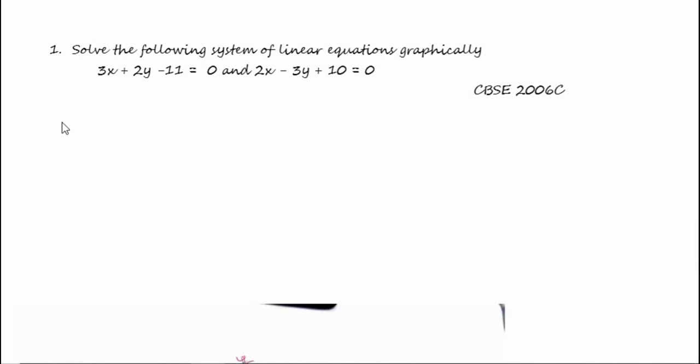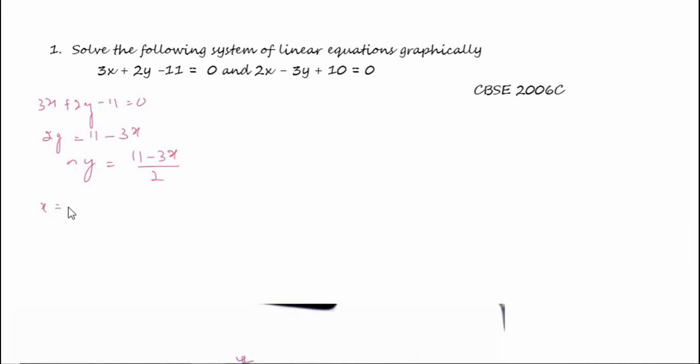Now, this is 3x plus 2y minus 11 equal to 0. This can be represented as 2y equal to 11 minus 3x, or y equal to (11 minus 3x) divided by 2.